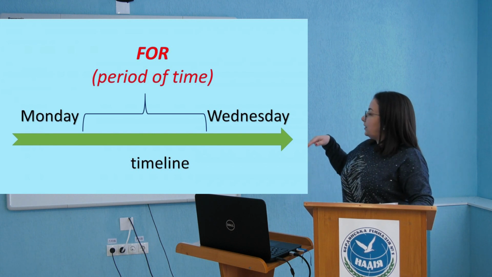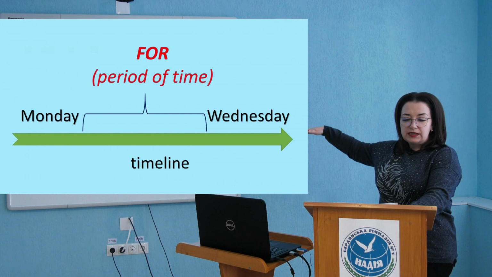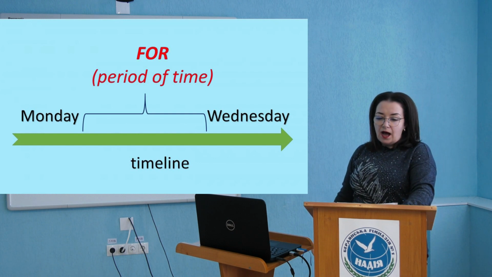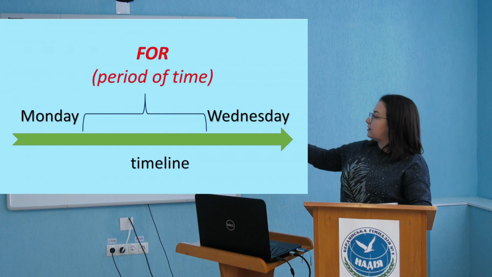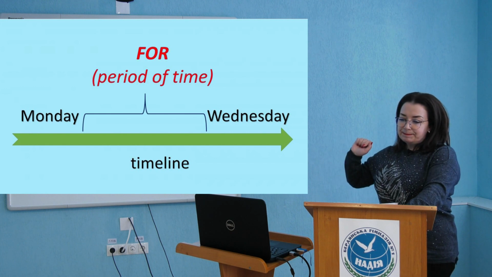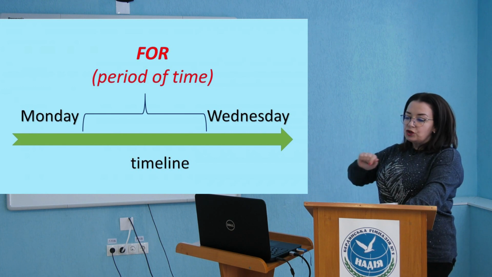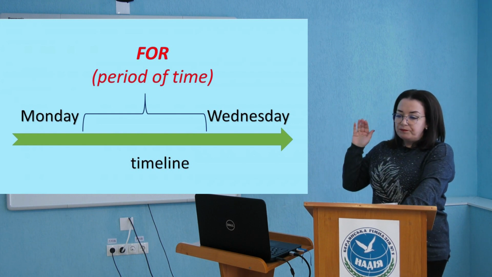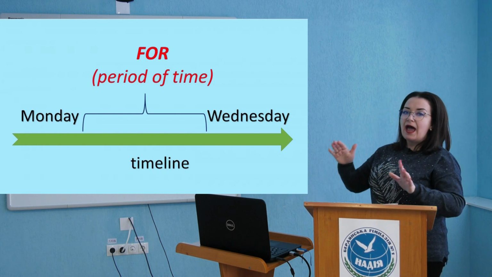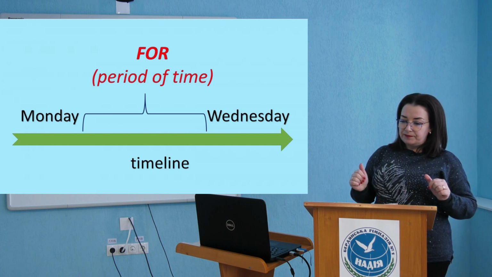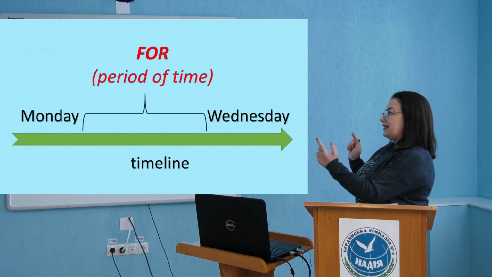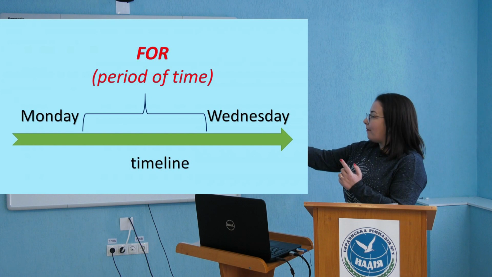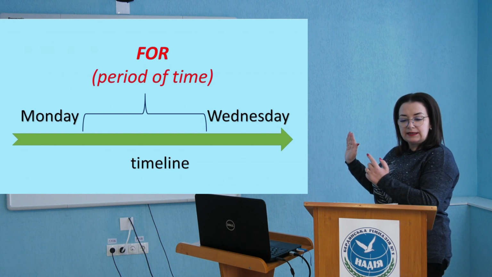Now, let's add these to some of the examples in the present perfect structure. Look, today is Wednesday, right? Today is Wednesday. And this point in our timeline, when the action happened, is Monday. So, this is when the action happened or started happening. And the focus is between Monday and Wednesday.